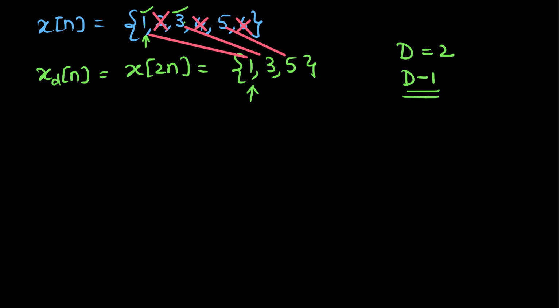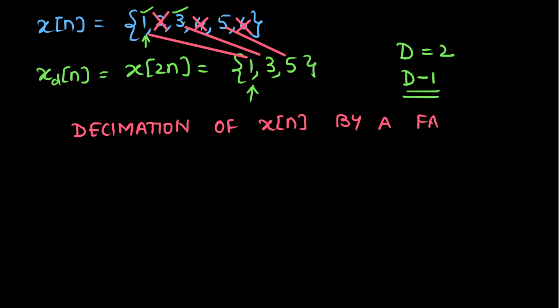So we refer to this as decimation of x of n by a factor d, and for our case this d is considered as 2. Why decimation? Because we are considering one sample, then discarding d minus 1 samples, and then considering the dth sample.